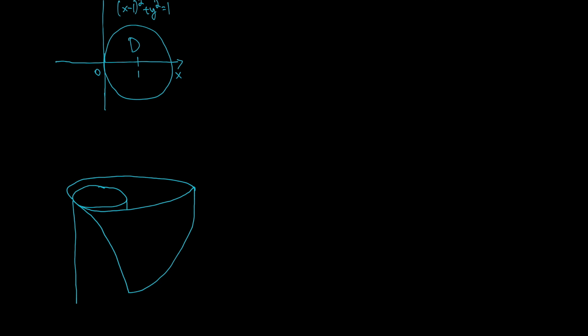Okay, and then I should complete my cylinder. So something sort of like this. So here's my z-axis, here's my y-axis, and let's say here's my x-axis.